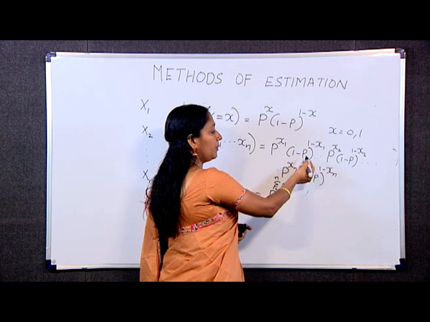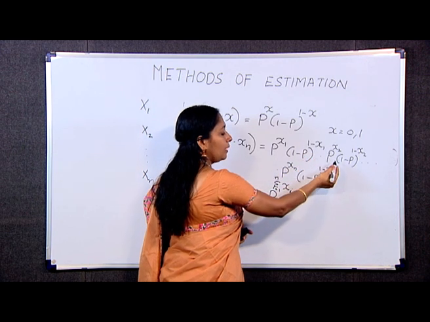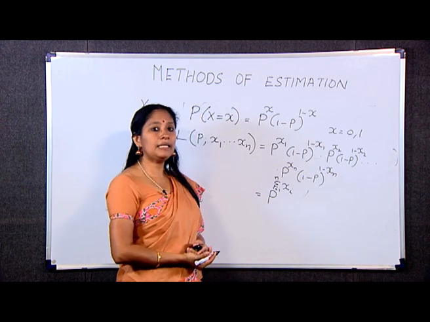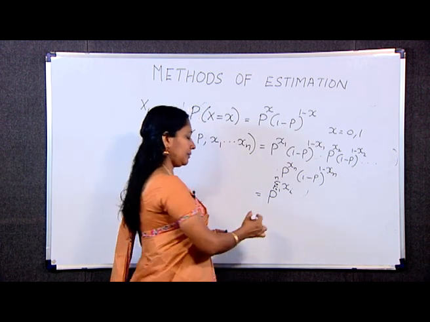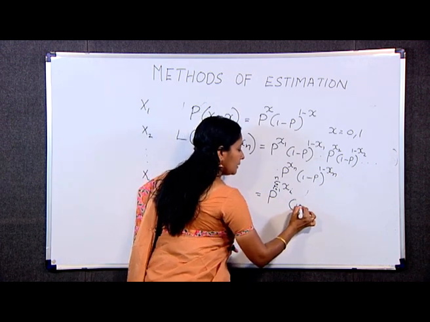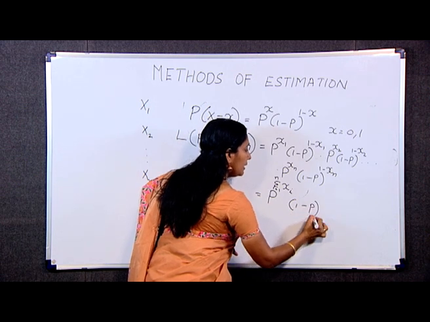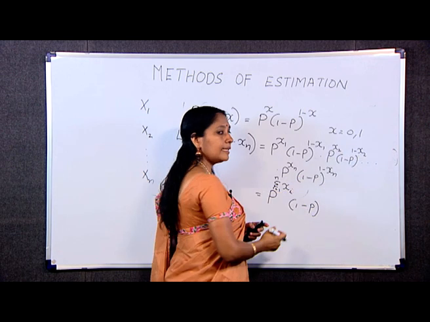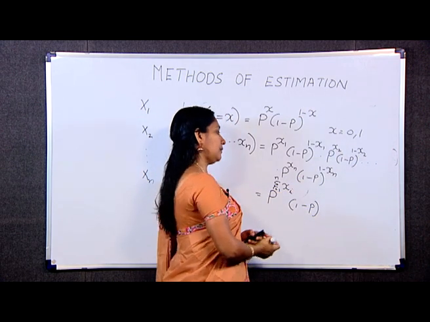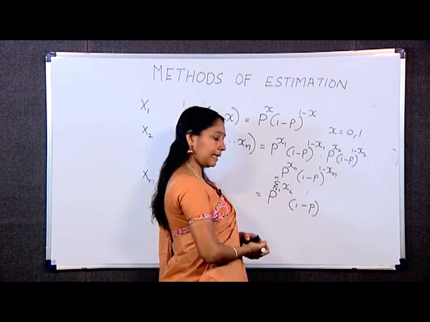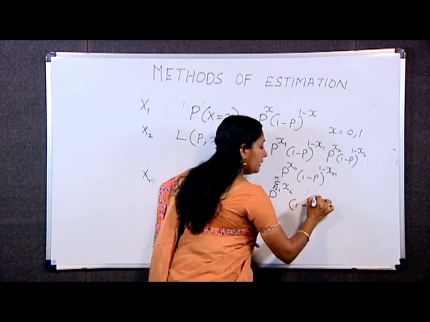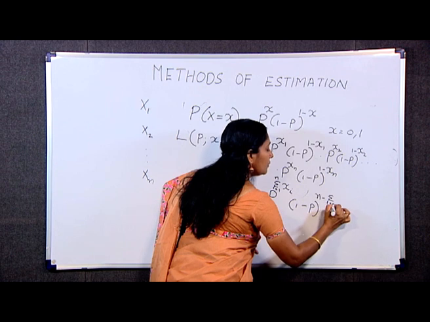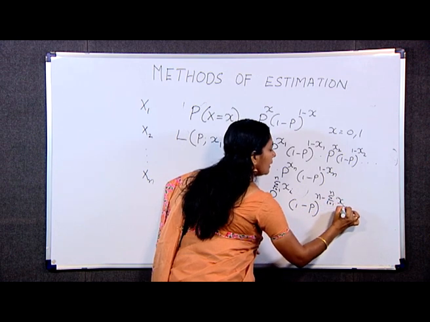Again we have 1 minus p raised to 1 minus x1, 1 minus p raised to 1 minus x2, ..., 1 minus p raised to 1 minus xn. So, combining those terms, we get 1 minus p raised to (1 minus x1) plus (1 minus x2) plus ... plus (1 minus xn). So, it means n minus summation i equal to 1 to n of xi.